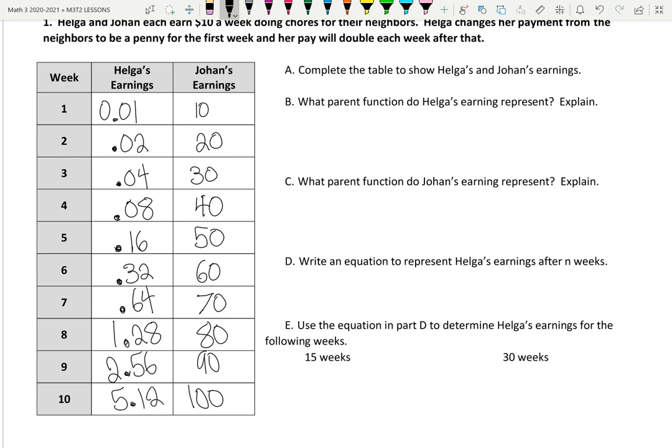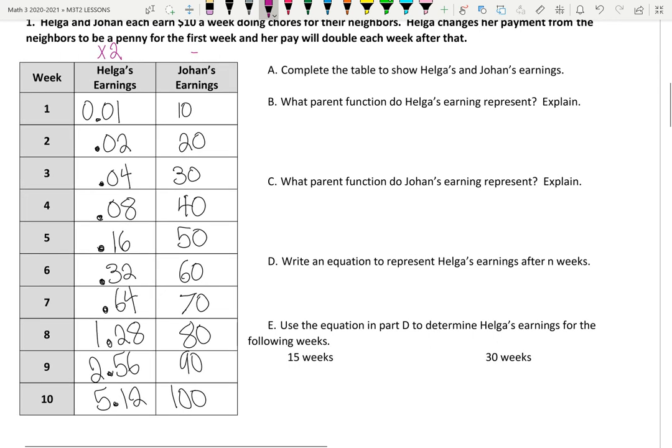You can see for Helga's earnings, what we did was that we multiplied by 2 repeatedly. For Johan, we added 10 repeatedly. What parent function does Helga's earnings represent? This is going to be our new word. Since it's being repeatedly multiplied, it's going to be exponential because I repeatedly multiply by 2.